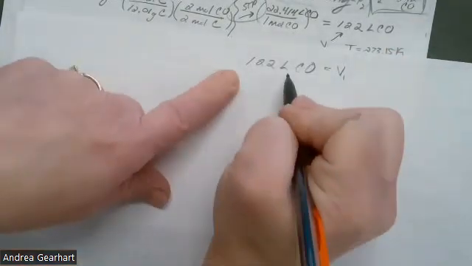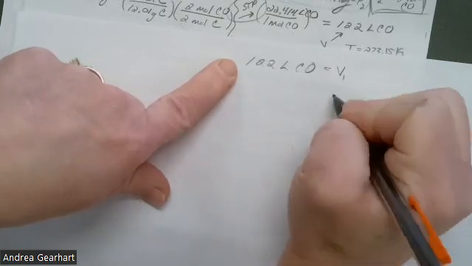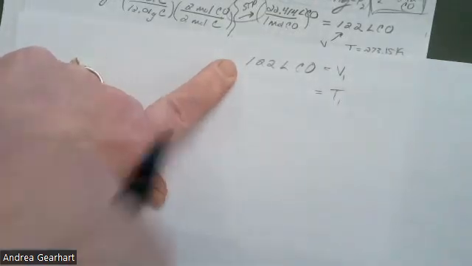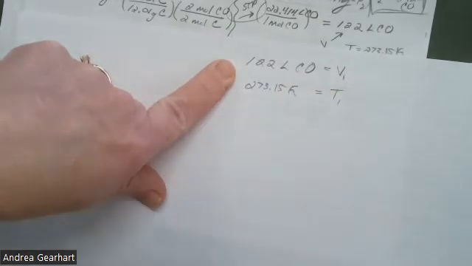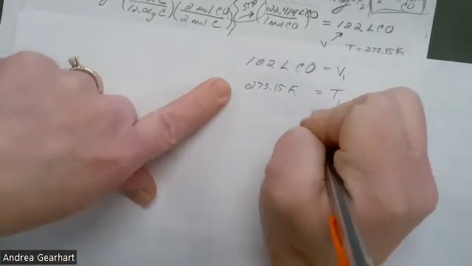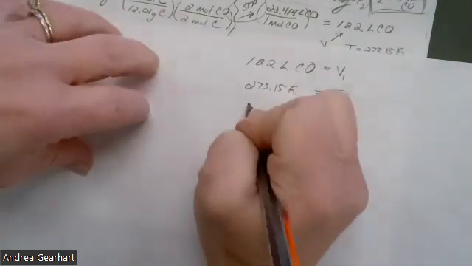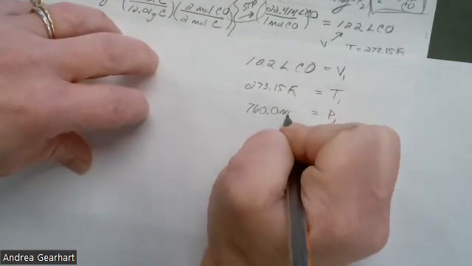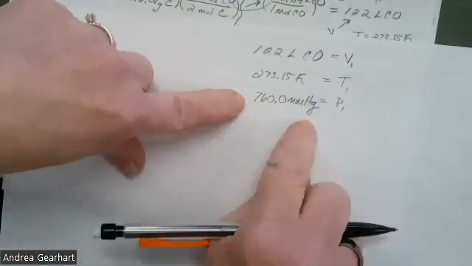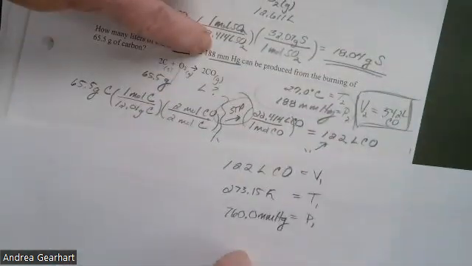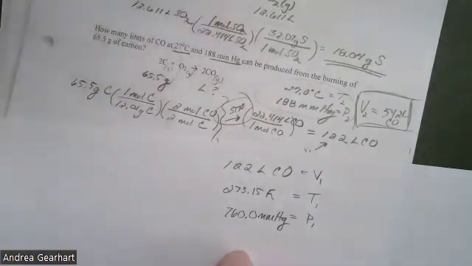If we are calling this V1, then our T1 is 0 Celsius or 273.15, and our P1 is 1 atm or 760 millimeters of mercury. I'm going to favor millimeters of mercury because the pressure you're actually at is in millimeters of mercury.